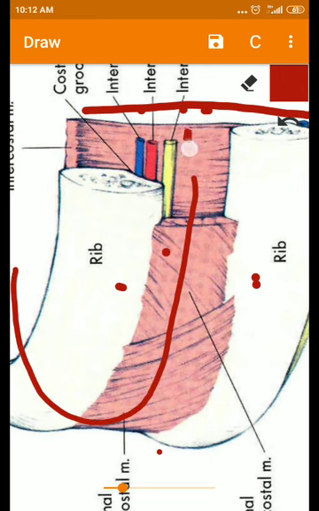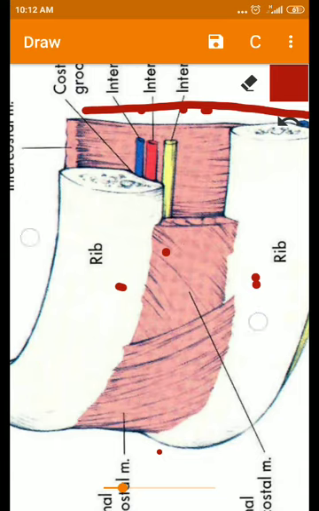So anterior to posterior these fibers are present, and from there it is replaced by the posterior intercostal membrane, which extends from the costotransverse ligament posteriorly to be continuous anteriorly with a thin fascia between external and internal intercostal muscles.